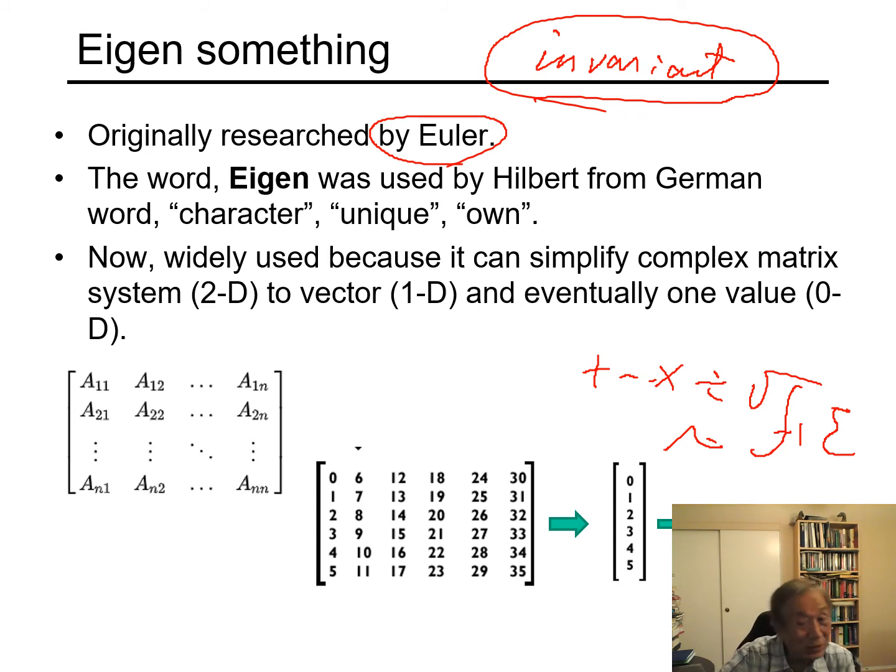All those symbols and concepts were invented, or in a way researched and published, by Euler. It's not Euler, it's Euler. It's the German way of pronouncing his name. The word Eigen was used by Hilbert. He's another very famous German mathematician, and he said, okay, can we create a certain kind of value that's unique and not changing, a so-called invariant property we can generate.